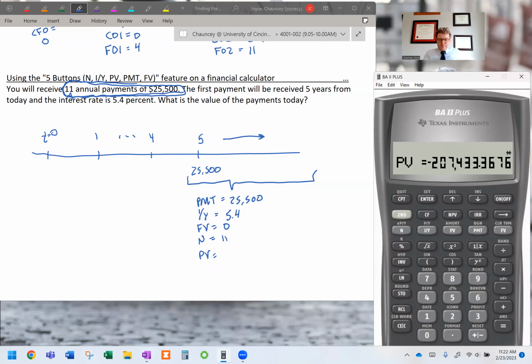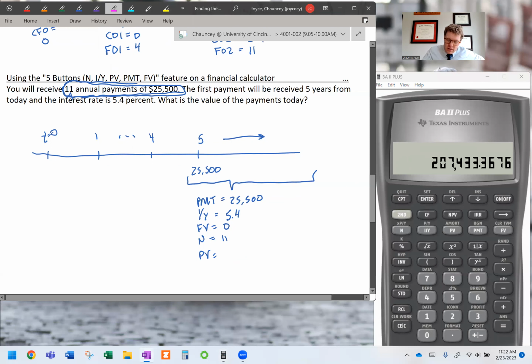Be careful here. This is the value of the cash flows at time 4, because your calculator default is to give you an ordinary annuity. So then you're left valuing this as 207,433.37.